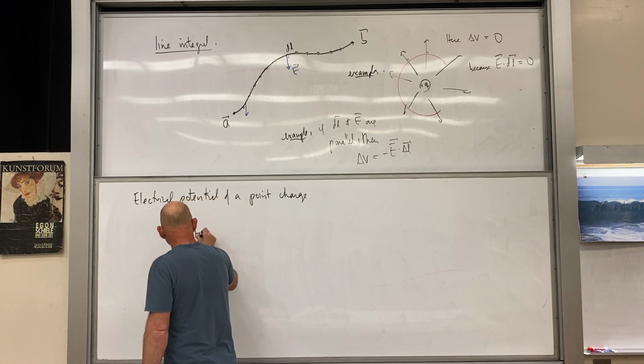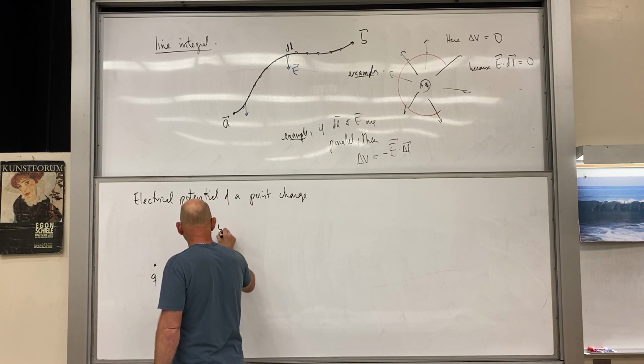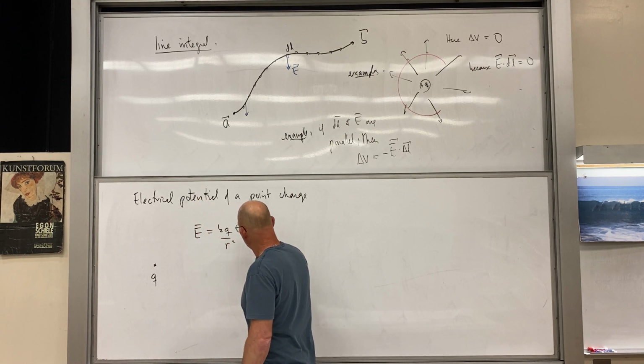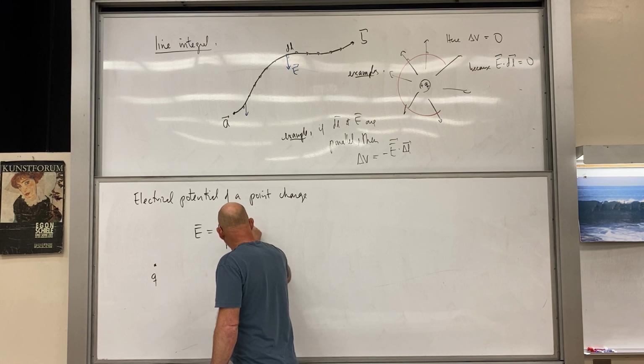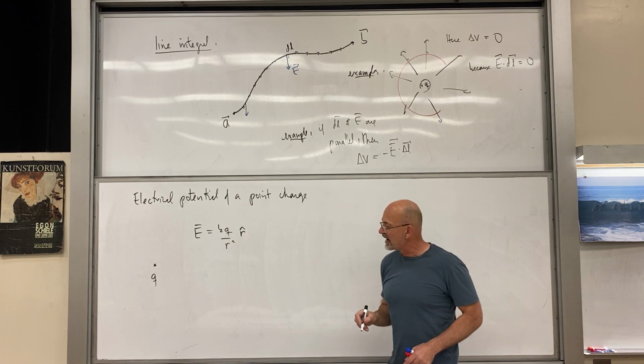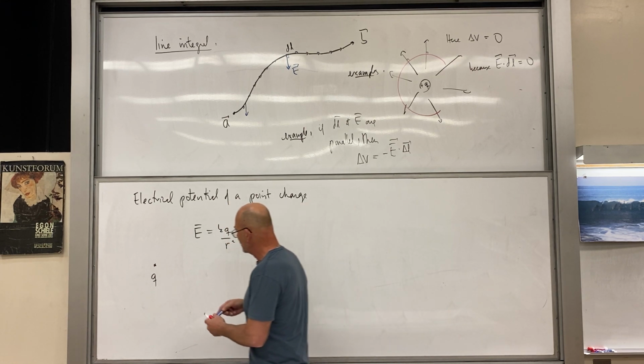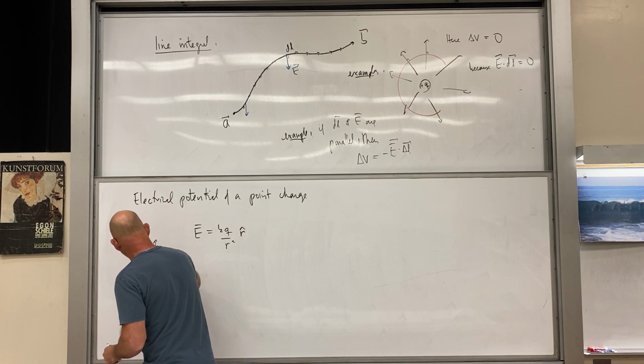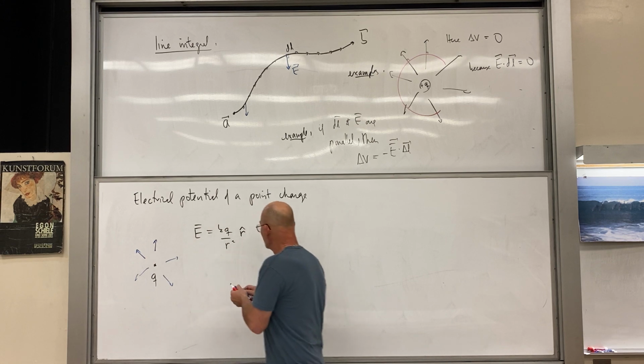We know that the electric field is KQ over R squared directed radially outward, which is the unit vector R hat. So we know we've got these radially outward fields.